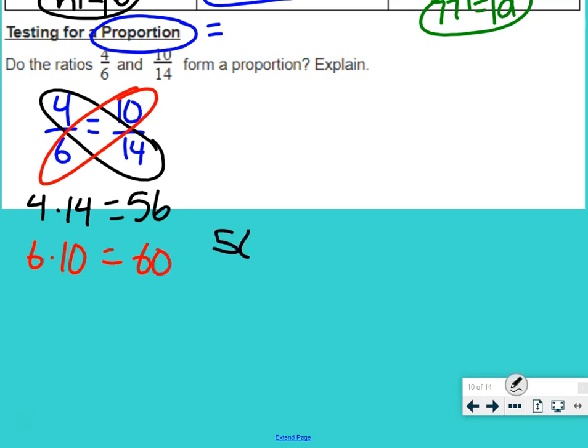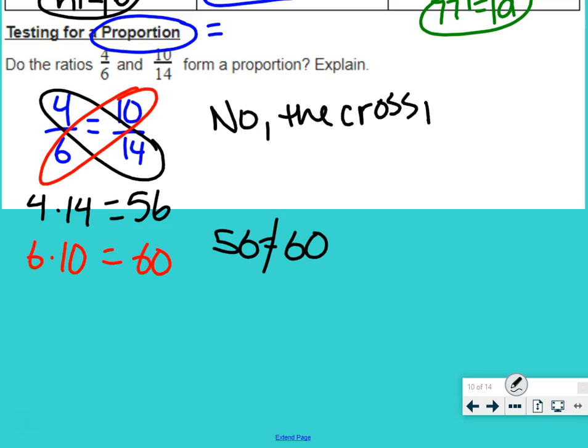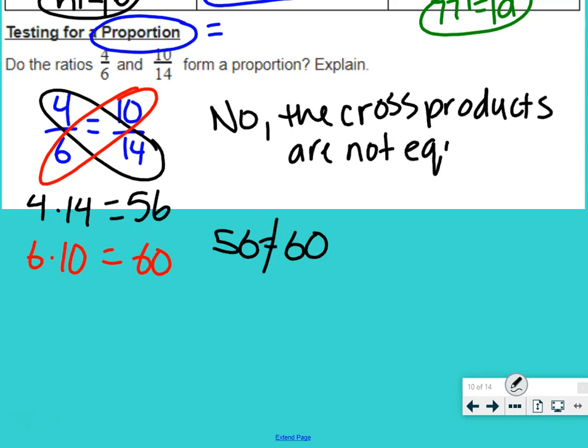Does 56 equal 60? No, it does not. They are not equal, so no, the cross products are not equal. So therefore, it is not a proportion.